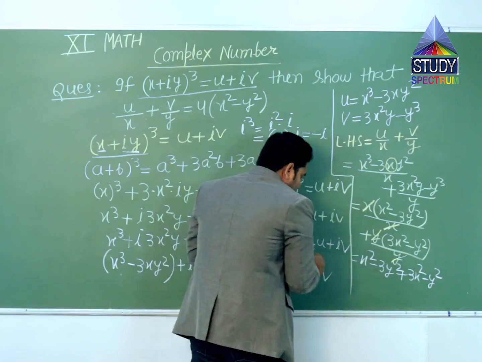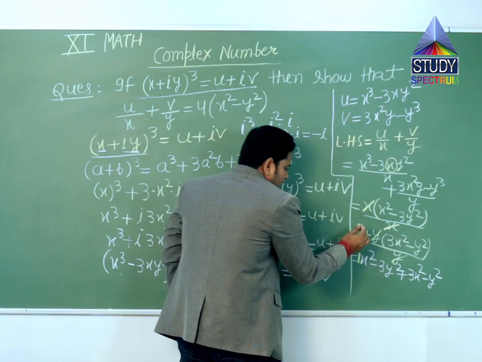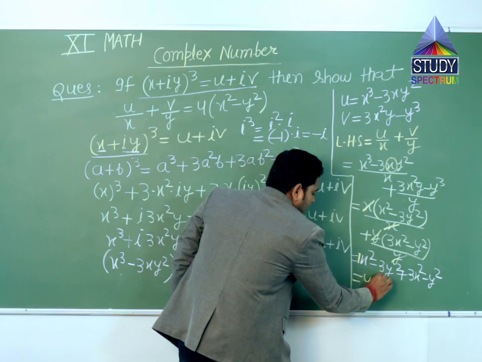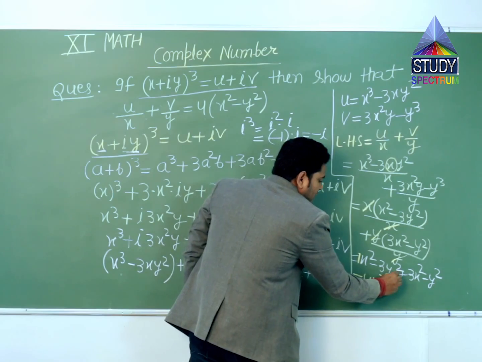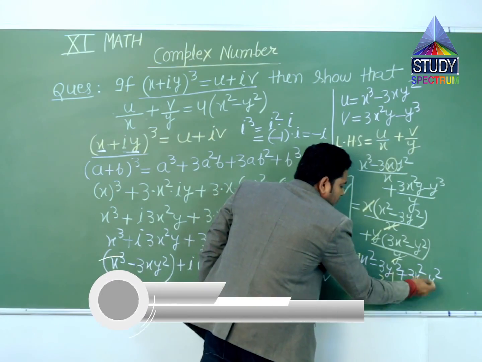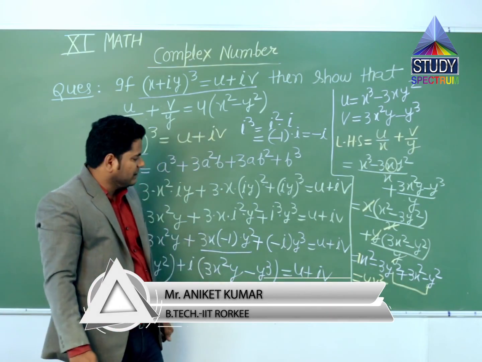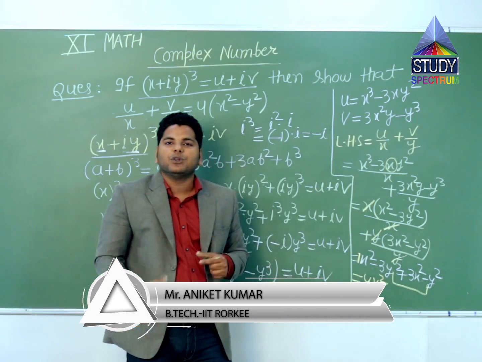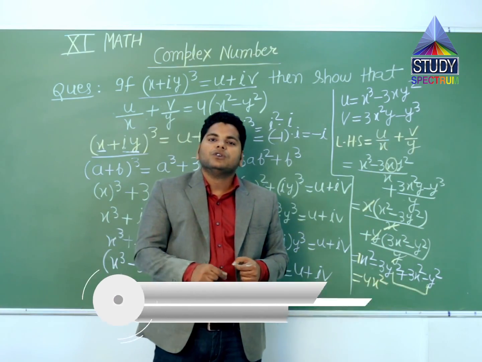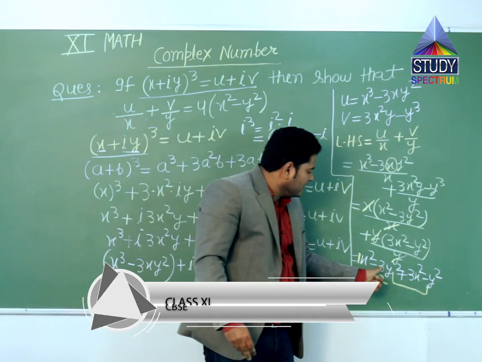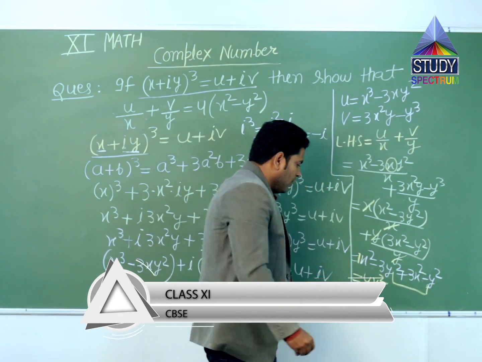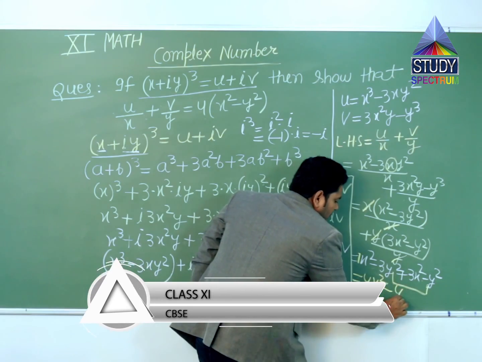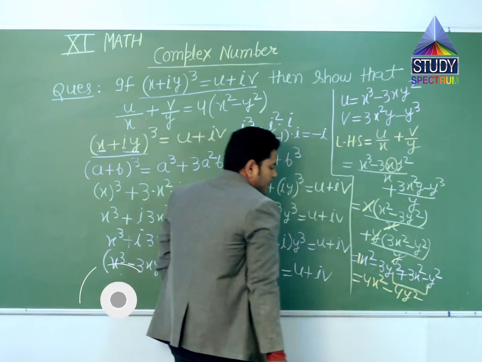So 1 plus 3 is 4x square. Now we will add the y square terms with y square terms. Here it is minus 3y square, here it is minus y square, both have the same sign, so we will add both of the numbers. Here it is 3, here it is 1, so 4, and both have minus sign, so we will write minus 4y square.